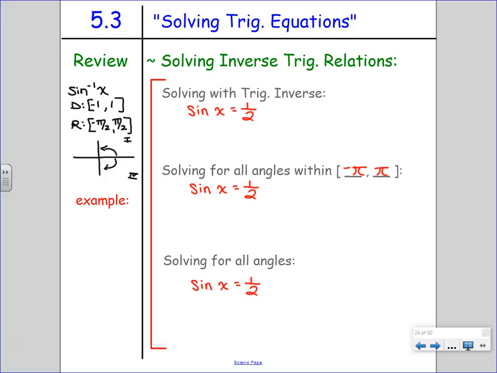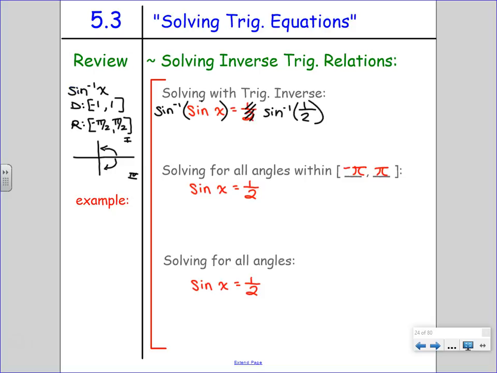Okay, so how do I solve for x in that expression? Yeah, use the chart, but if it says with trig inverse, technically it says take sine inverse of both sides. Now the 1/2, the way it's written, if I wrote sine inverse it's going to look really funky, so let me move this just a bit and say sine inverse of 1/2.